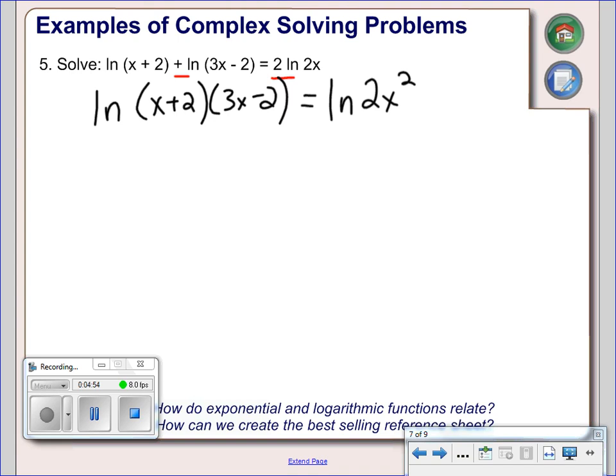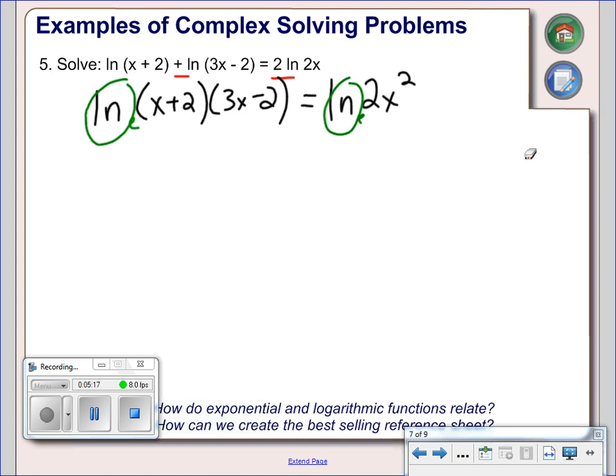And automatically, with just those 2 rules, I see with my mind's eye that I've got a natural logarithm here and a natural logarithm there. Really, there's a base e down there. And if I have two logarithms on either side that have the same base, then their arguments are the same.